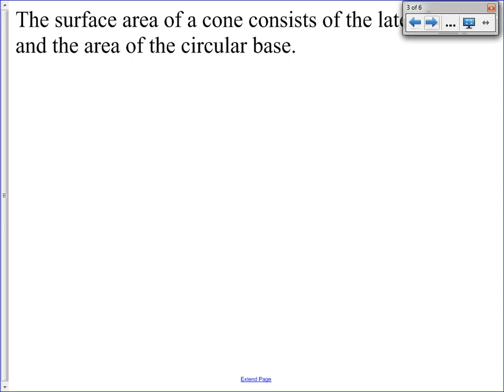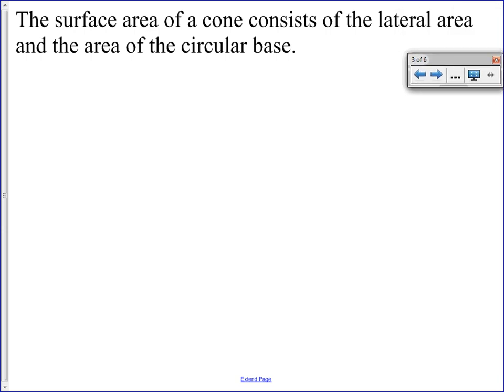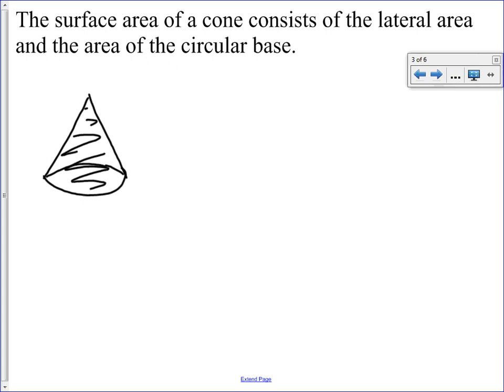The surface area of a cone consists of the lateral area and the circular base. So we have to consider that we have the circular base that we need to find the area of, as well as all of the part that wraps around the cone. So the surface area is equal to pi r squared, which is the circular area.